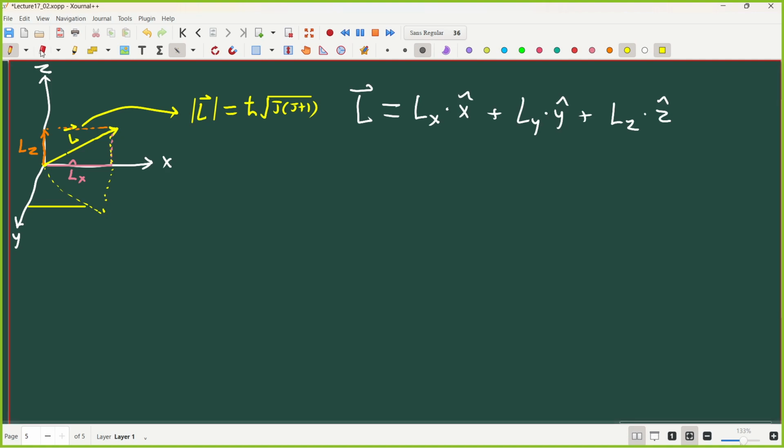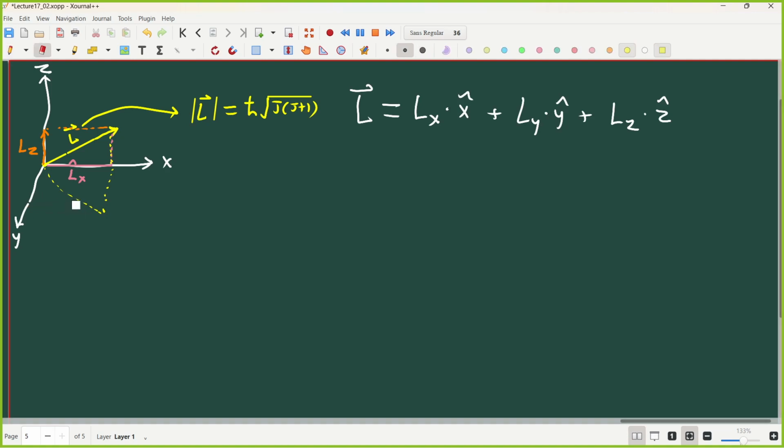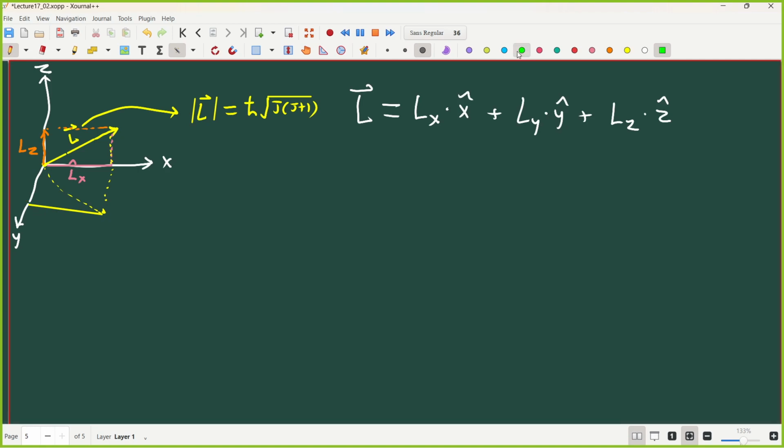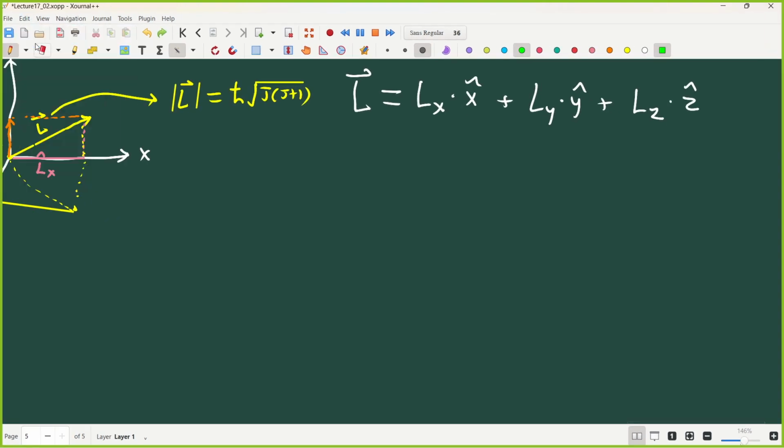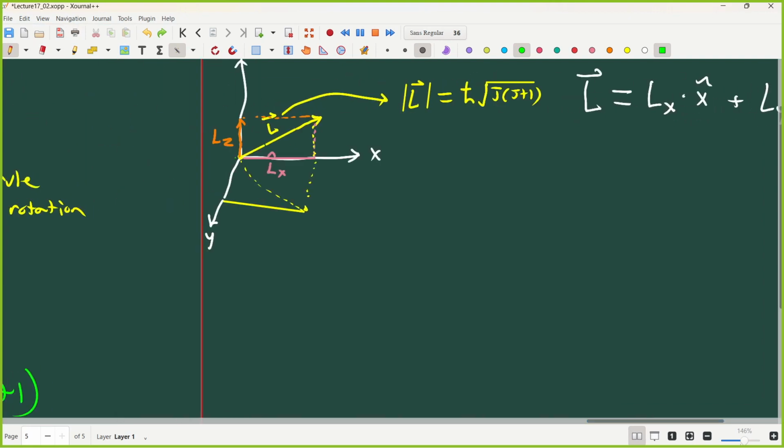And this vector along the y-axis is Ly, right? This projection along Ly is the y component of the angular momentum.